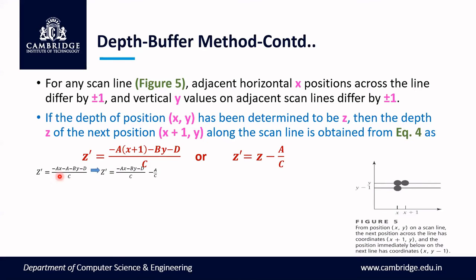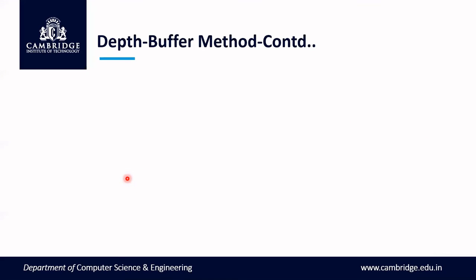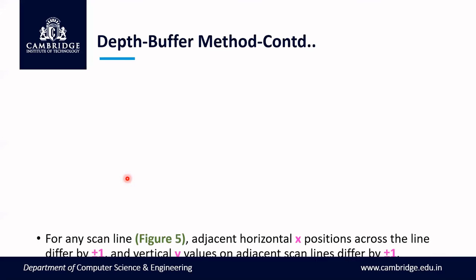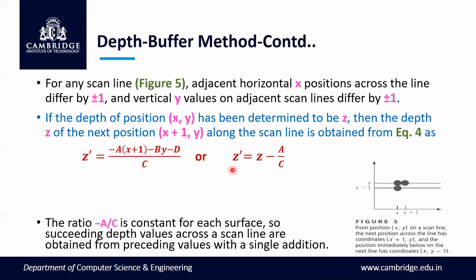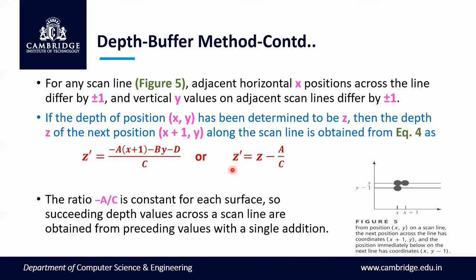Multiplying completely, Ax plus A, and separately this part is nothing but my Z equation, which I can write as Z minus A over C. So Z dash is equal to Z minus A/C, where every time you just add the constant increment minus A/C to Z throughout the scan line.